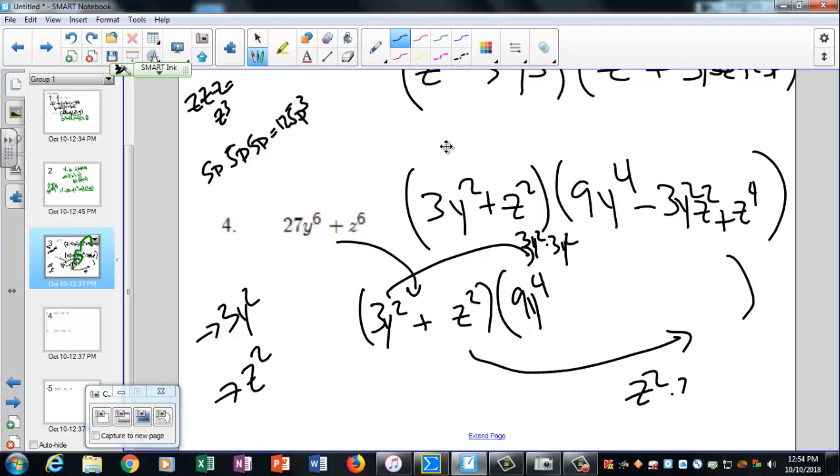Z squared times z squared is z to the fourth. The last sign's always positive. Multiply these two times each other, you'll get 3y squared z squared. That's a y, not an x. Switch the signs so they're different. Okay.